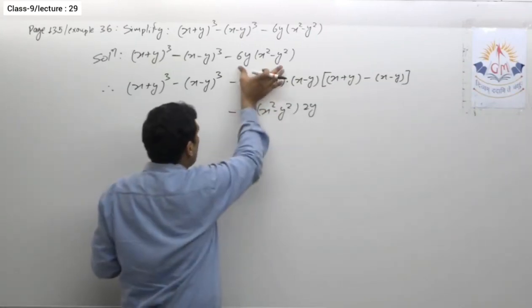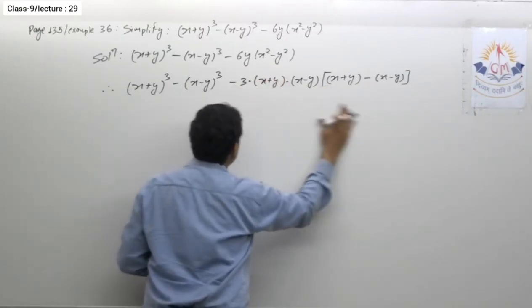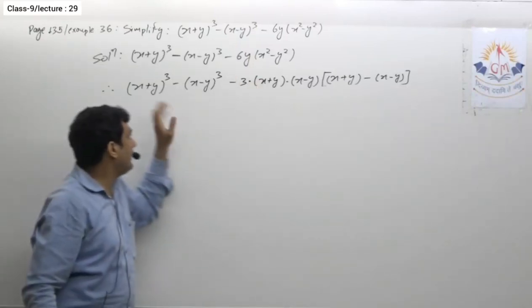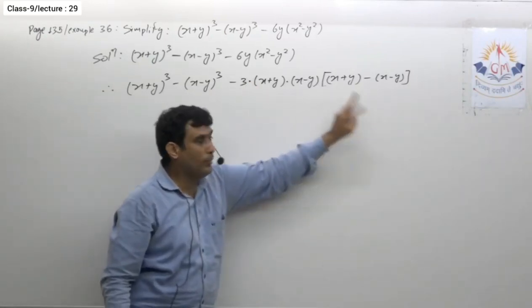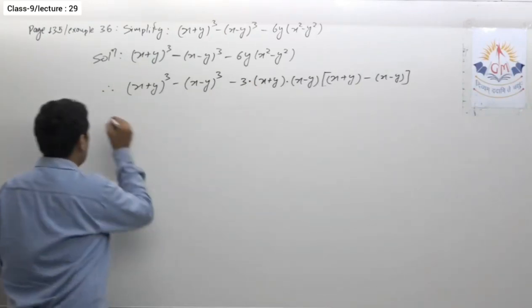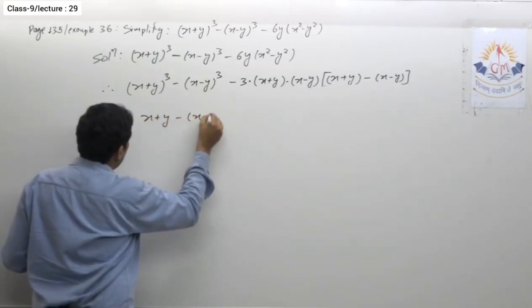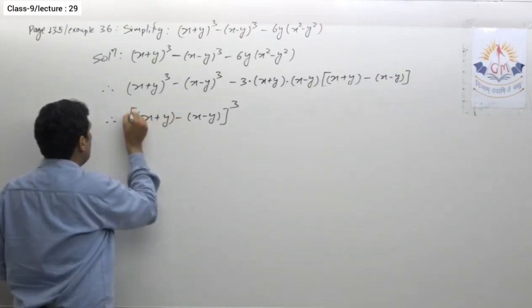That means this particular expression can be written in this form, and as soon as I write this expression in this form, I get the identity of a cube minus b cube minus 3ab into (a minus b), that is (a minus b) whole cube.